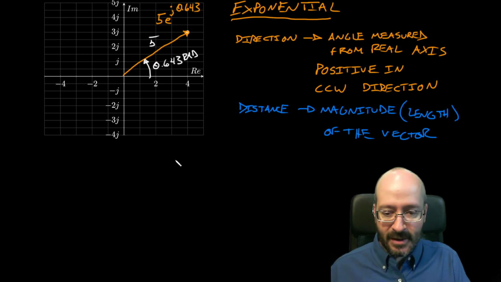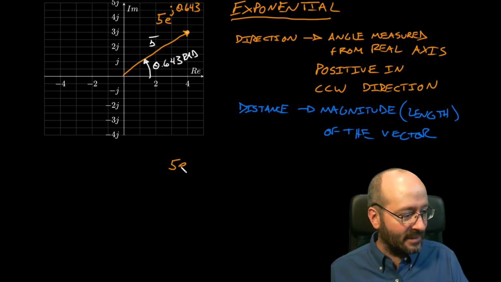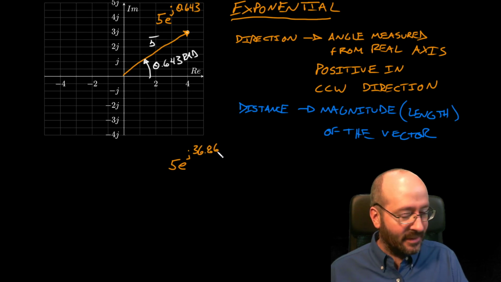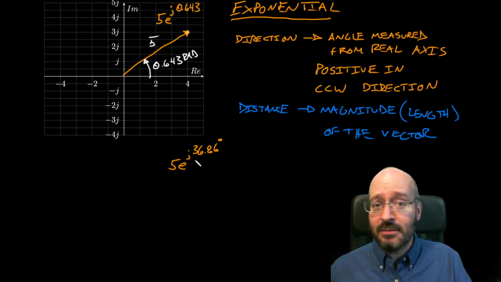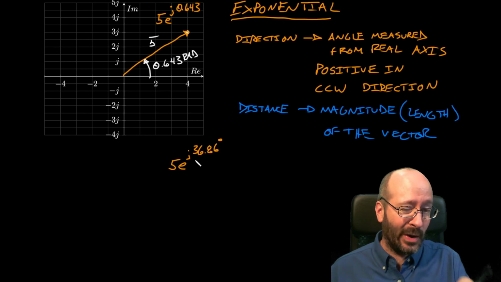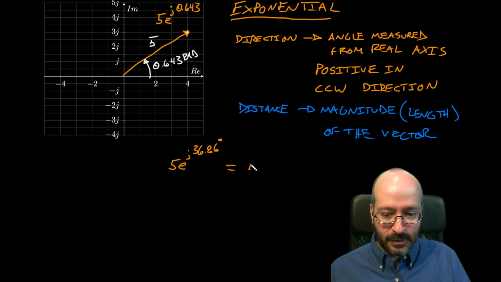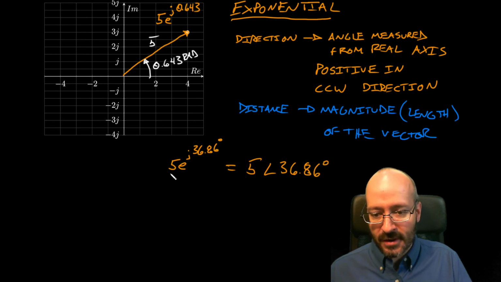Sometimes you'll find books get sloppy and do something that's mathematically not correct, but still gets the point across, and you might see something like this, where you have that in degrees up there. But if it's going to be mathematically correct, and your calculator's going to want that if it's an 83 or an 84, then this should be in radians. That's equal to 5 at an angle of 36.86 degrees.